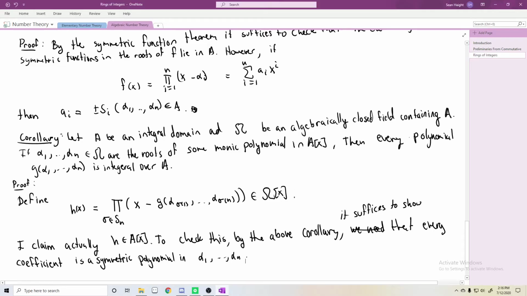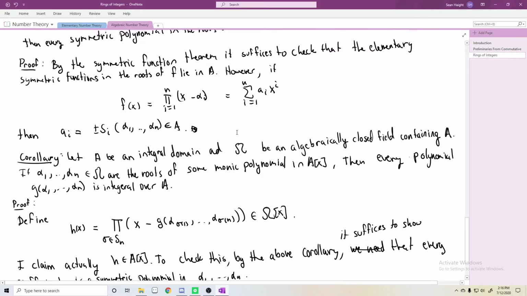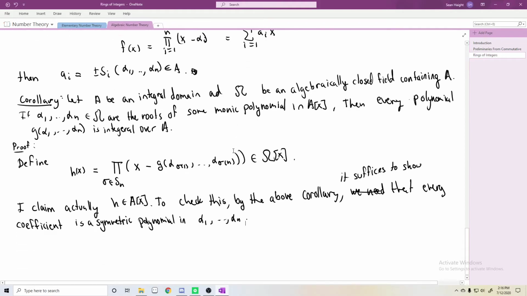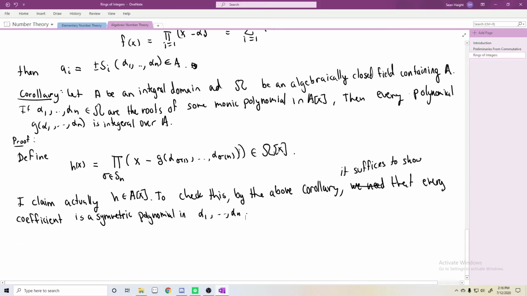Okay, so remember that symmetric polynomials in the roots live in A because each alpha_i is the root of some monic polynomial with coefficients in A.